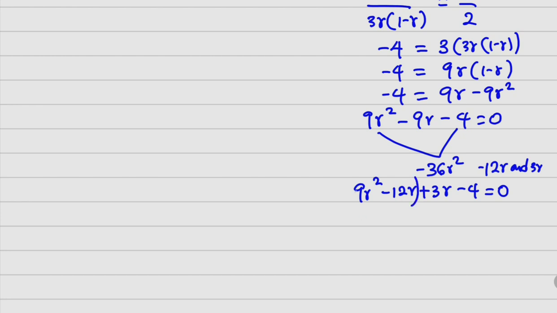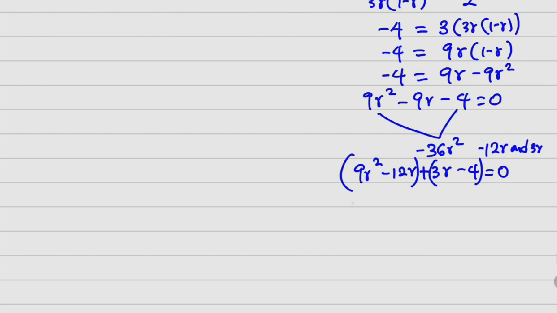So when I group it into 2, like to solve a normal quadratic equation, I can bring 3R here so that I'm going to have 3R minus 4. Then plus, of course, 1 is common, so 3R minus 4 is equal to 0.